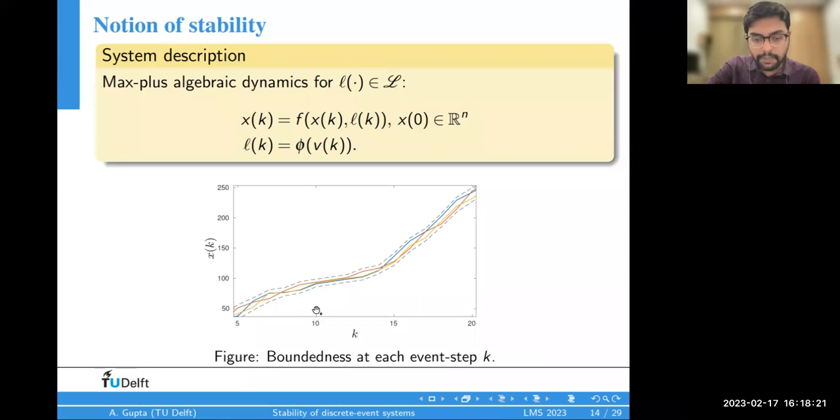For each step k, let's say 10, it is calculating this difference between these dashed lines. So it is giving me a bound on the state at a particular event step k. That is why I really like this particular norm, especially from an application perspective, it gives us exactly the makespan of the system.